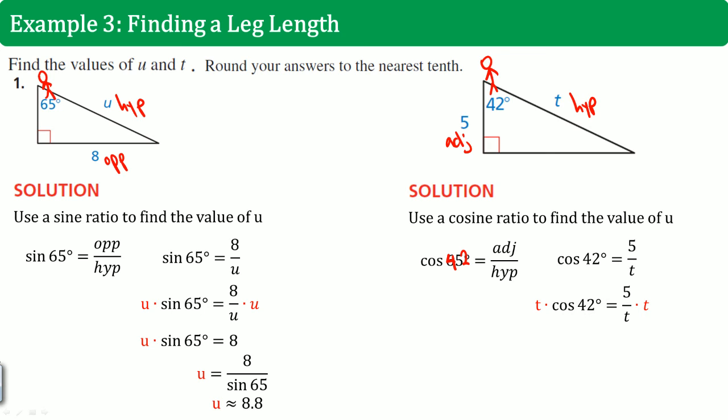Multiply t to both sides. Cancels out. Now you still need the t alone, so you divide by cosine 42. Now you get t equals 5 divided by cosine 42. So it's not u, it's t. T is approximately 6.7. All right, so there you go. Those are all your solutions on how to find a side using your trig ratios.